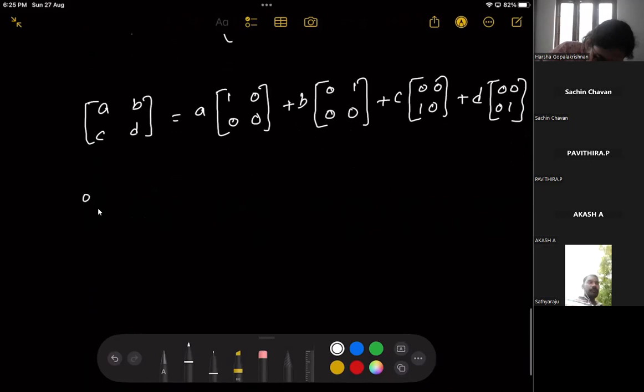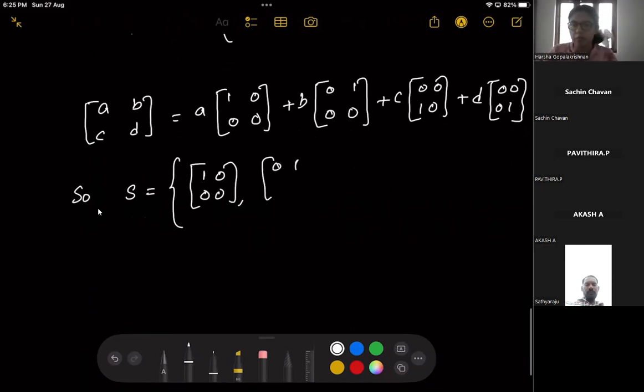I am just considering S equal to {[1, 0; 0, 0], [0, 1; 0, 0], [0, 0; 1, 0], [0, 0; 0, 1]}.